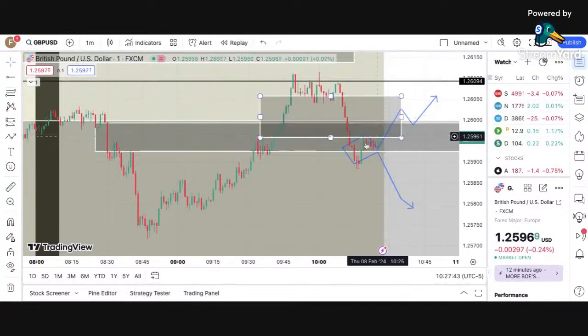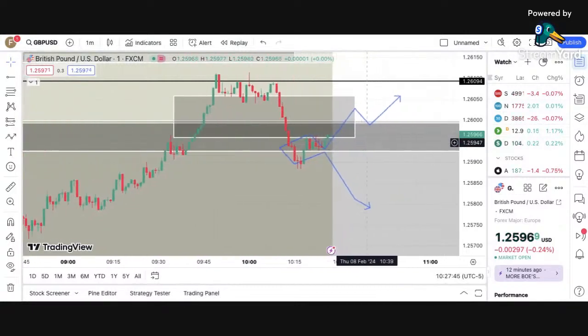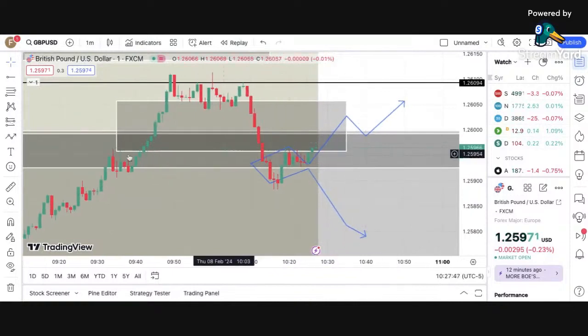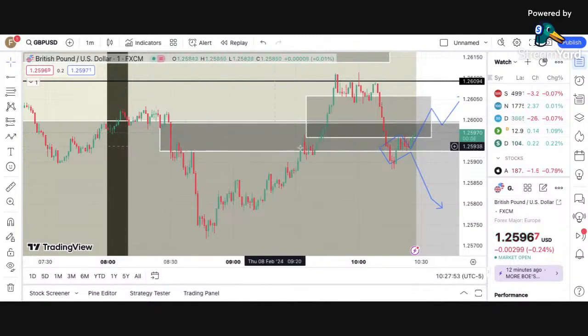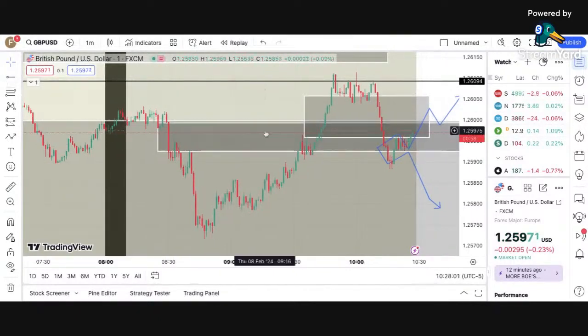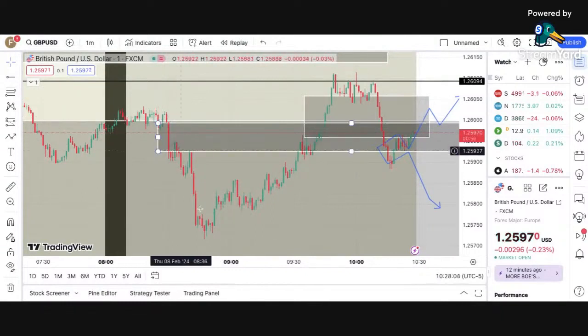What would this market do up here? We got, let's see, a change in the structure here. So we see the sell.